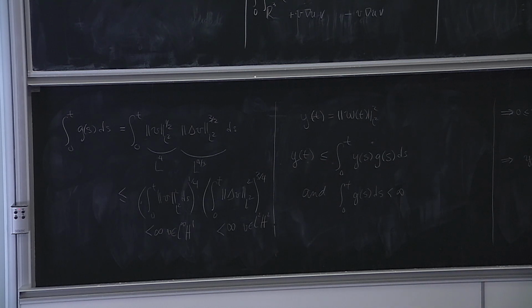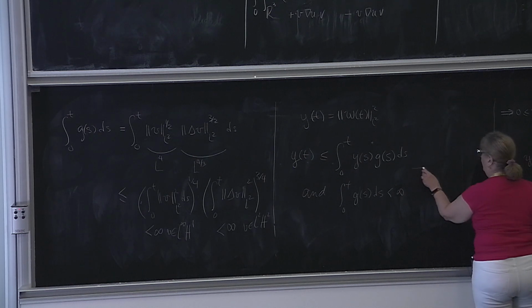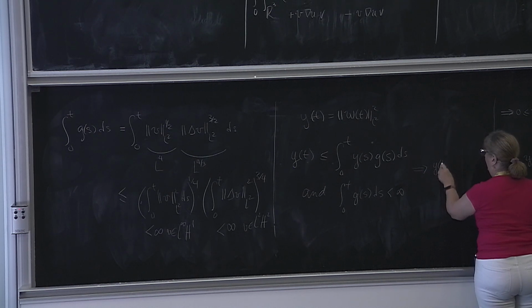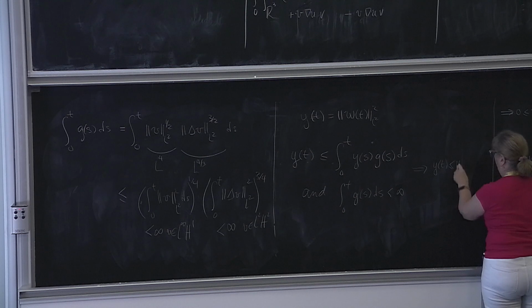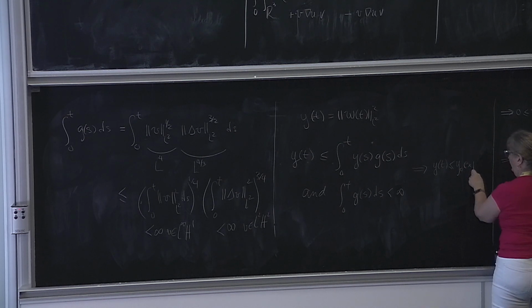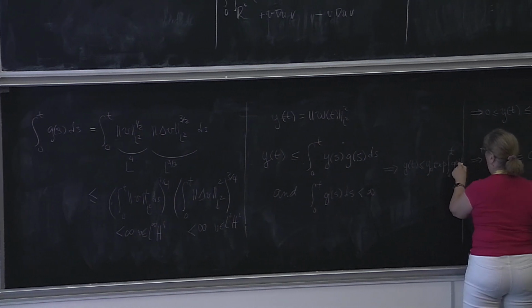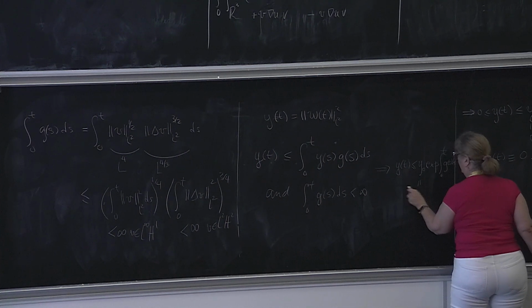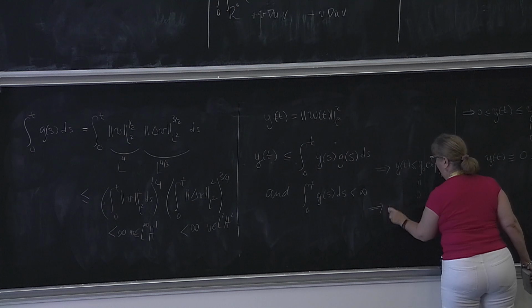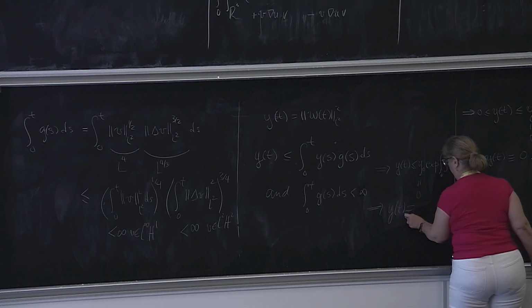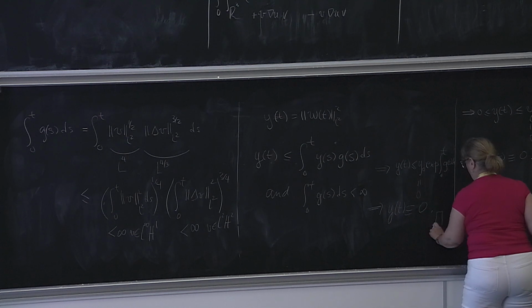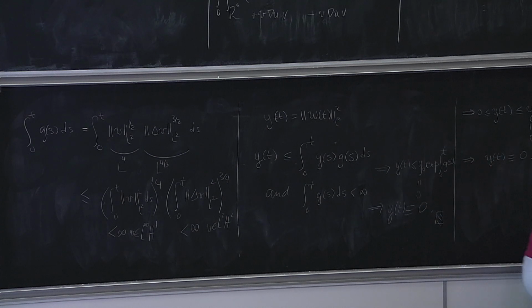Okay. So this implies y of t is less than or equal to y naught times the exponential of this integral. And then this is 0, so then y is 0. Okay?